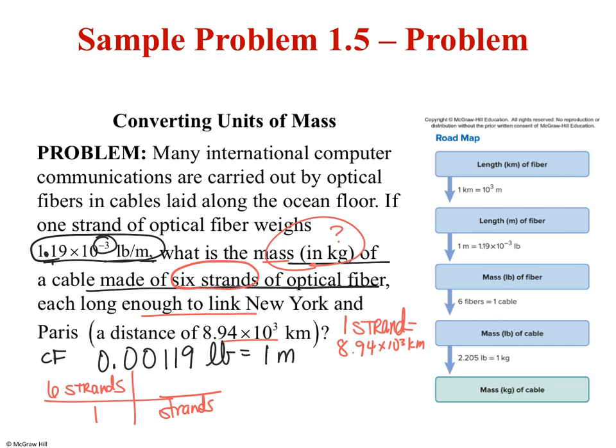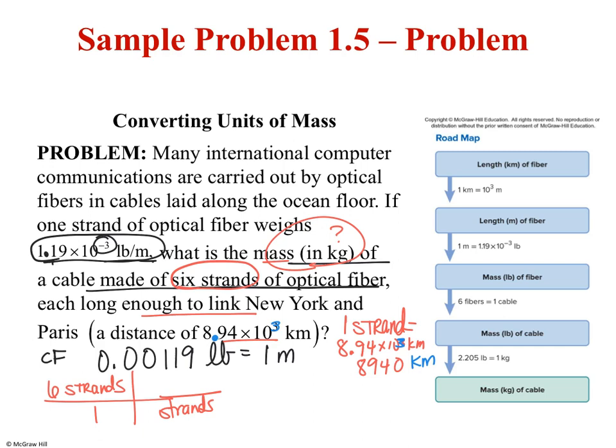So let's get this out of scientific notation. 8940. Do you see that this is now a positive exponent? So we got to make that number bigger. So we got to move it 3 places. So that is kilometers. So that's 1 strand equals 8940 kilometers.